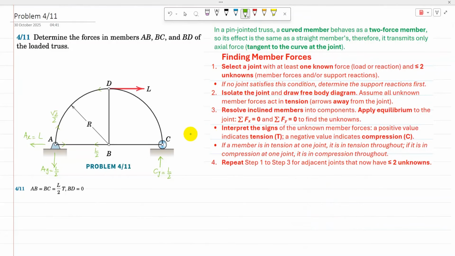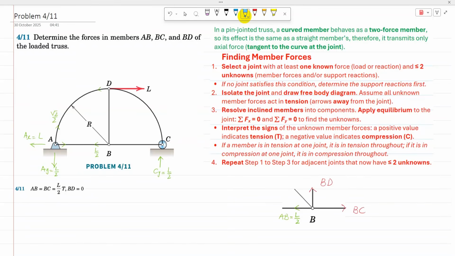Now step 4 is to repeat step 1 to step 3 for the adjacent joint. From A, I can go either to B or to D. I am going to select B, and then isolate B, because at B two unknowns, BD and BC, are unknown, and AB I have just found to be L over 2.